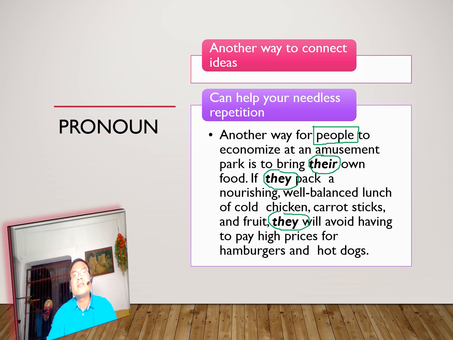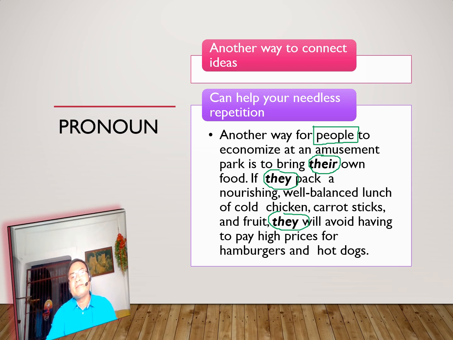Like for example, economize at an amusement park to bring. You will have to make, sometimes you commit errors here. To bring them, it should be their, right? Their own food, not them own food. Sometimes you shift.